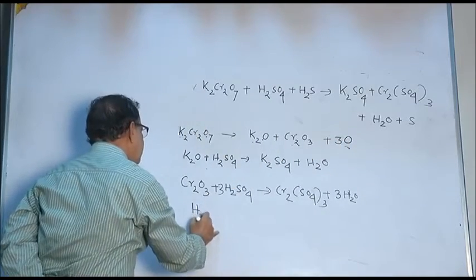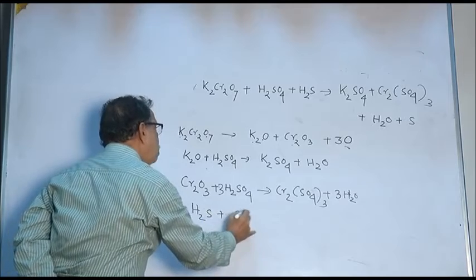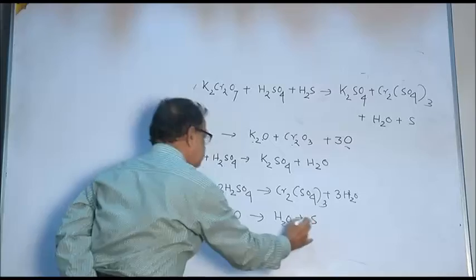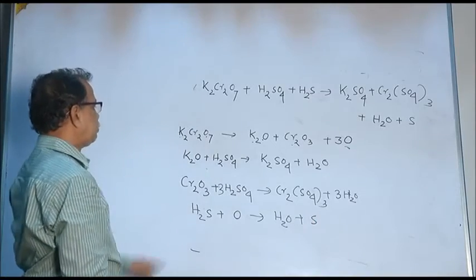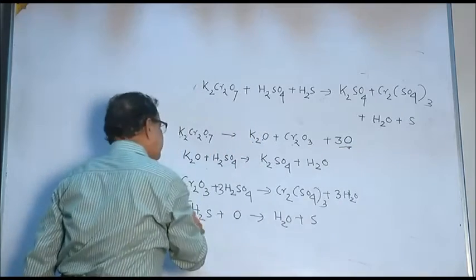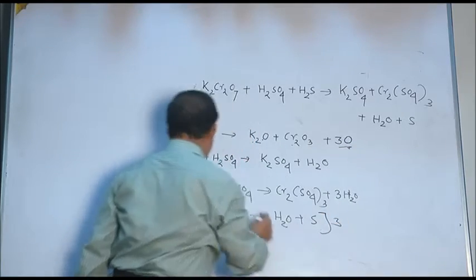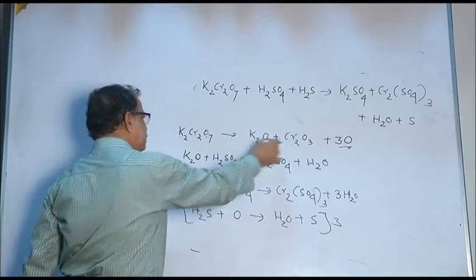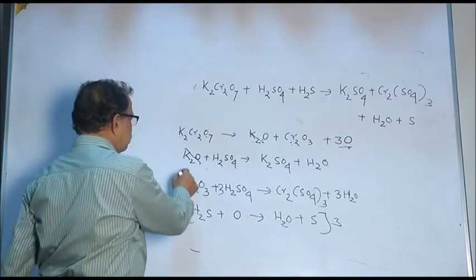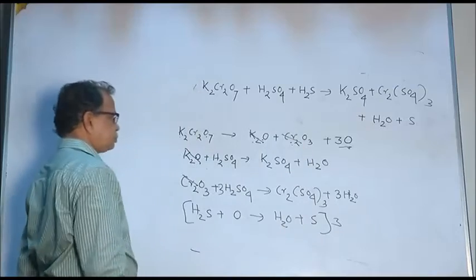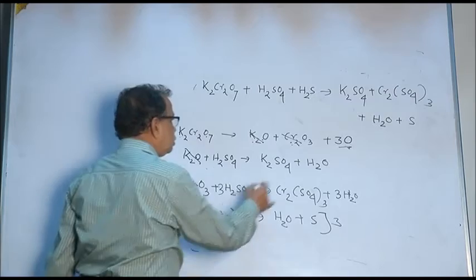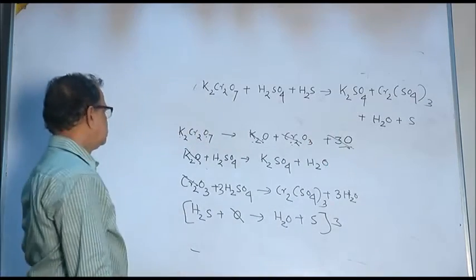H2S plus O forms H2O plus sulfur. We have 3O, so multiply by 3. K2O, K2 cancels, Cr2O3, Cr2 cancels. This part is completely cancelled.